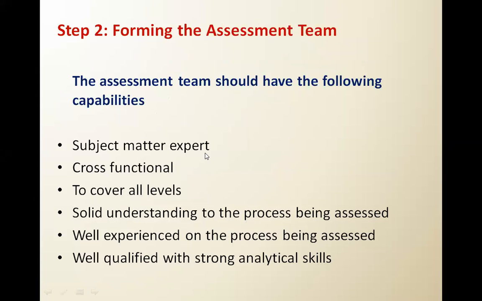There must be a subject matter expert, cross functional, who can work with various departments to cover all levels, low, medium and high. Solid understanding of the process being assessed, well experienced on the process, well qualified with strong analytical skills.